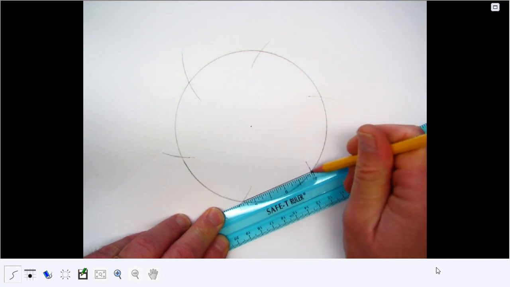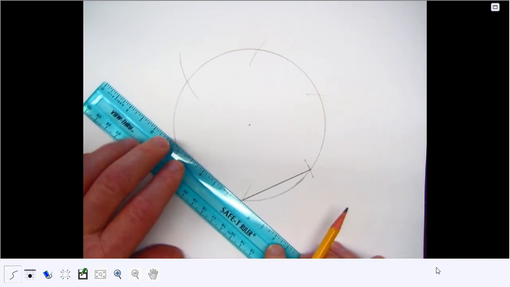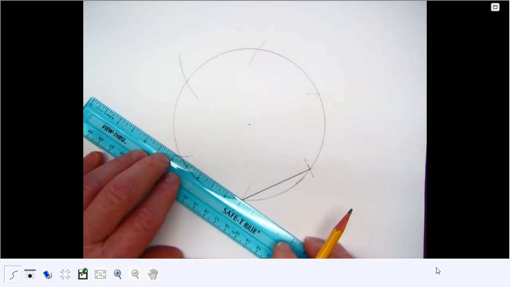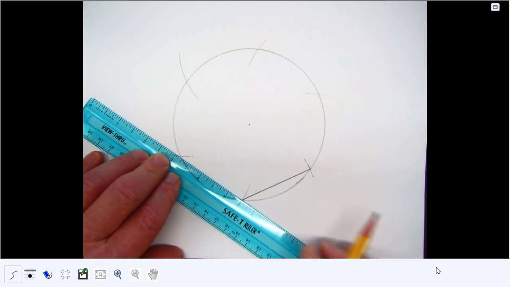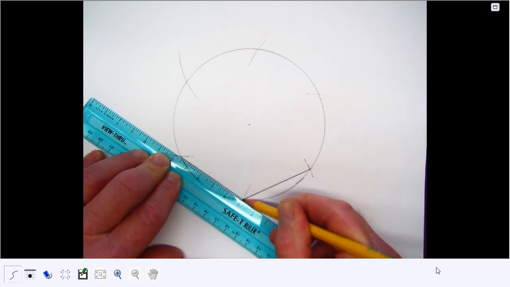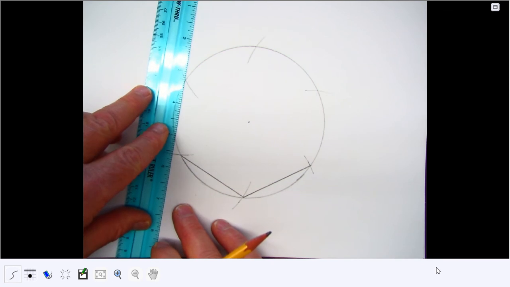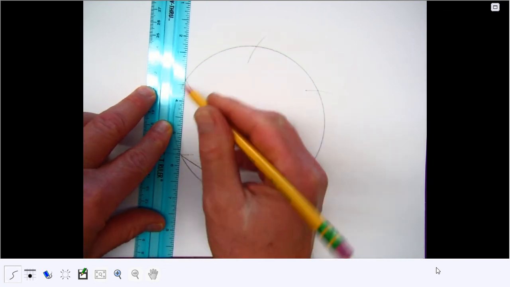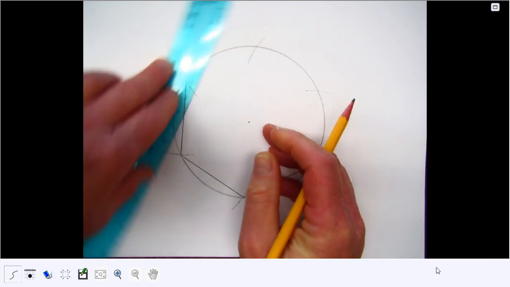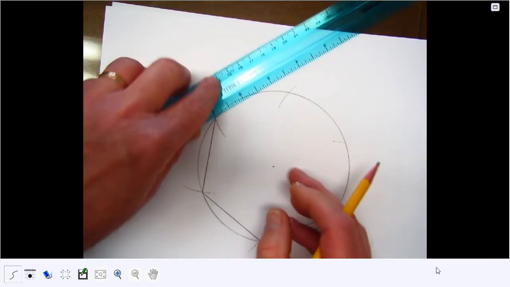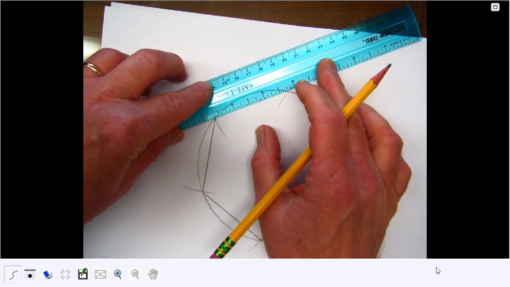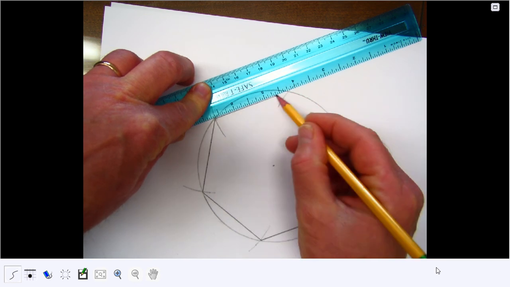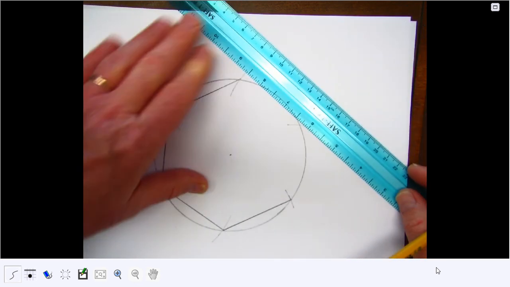Connect not the arcs, but where the arcs intersect with the circle. So I'm going to connect those points, each of those points. So I'm connecting those. And here's another one.